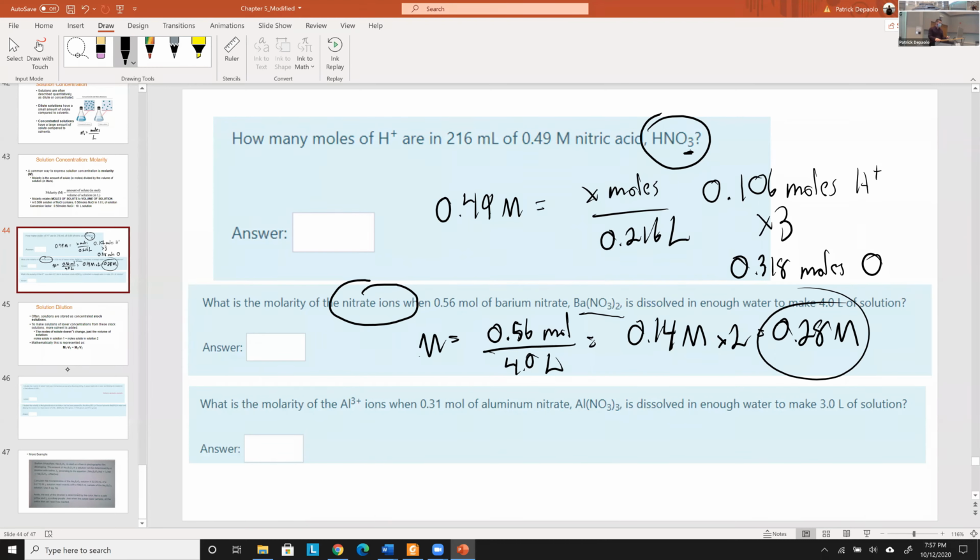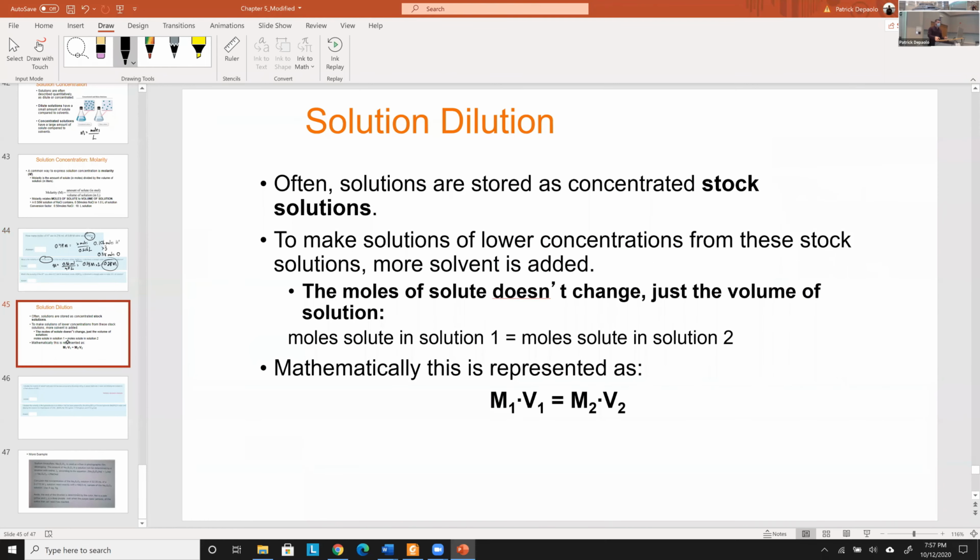So, yeah. Okay. So last thing is the dilution formula. Here's the equation, and then I'll explain it. You have M1V1 equals M2V2. What this means is that the concentration of your first solution, M1, has a certain volume, V1. If you want to dilute that solution to a lower concentration, that lower concentration would be M2.